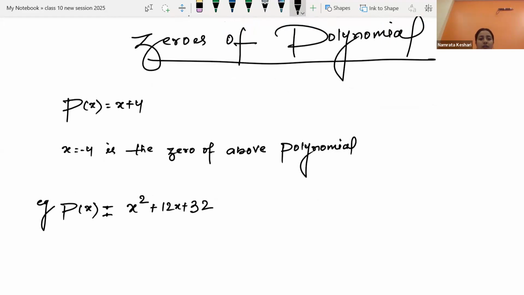This is a polynomial, right? A quadratic polynomial, right? Yes, ma'am. Okay. Can you tell me what is the 0 of this polynomial? Please tell me. Take your time and tell me.